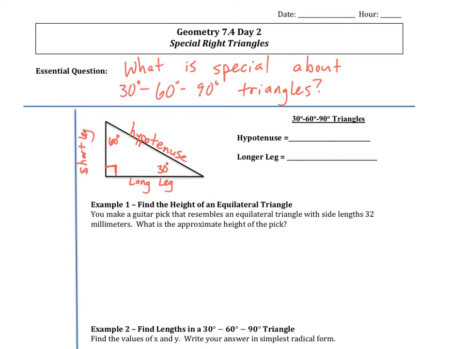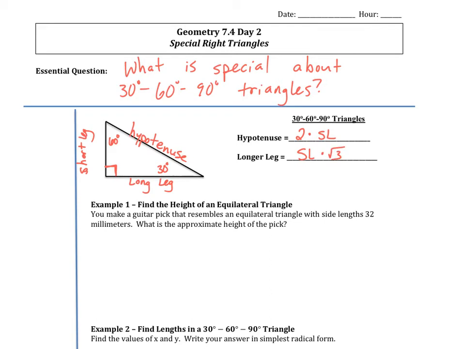The length of the hypotenuse is always 2 times the short leg. And the long leg is always the short leg times the square root of 3.